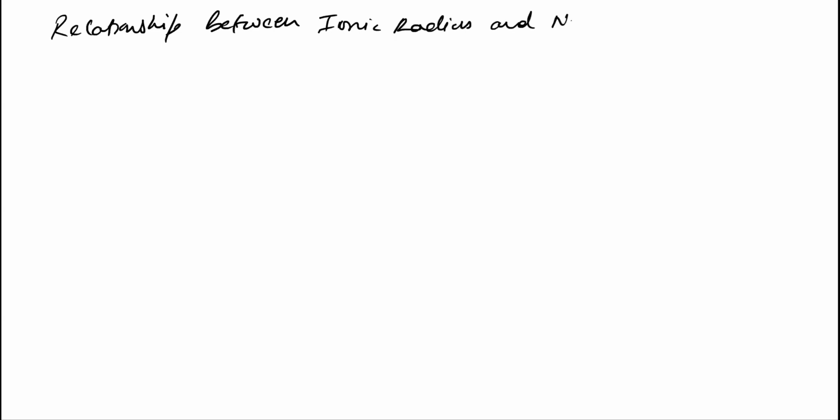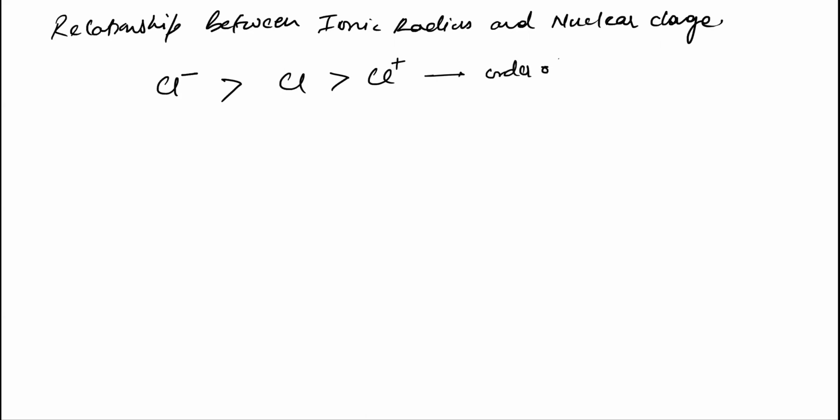For example, Cl minus will always be greater than Cl, its parental atom, and Cl will always be greater than Cl positive. Got it? So this is the order of radius. Got it?